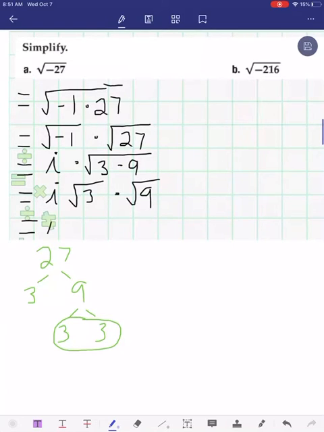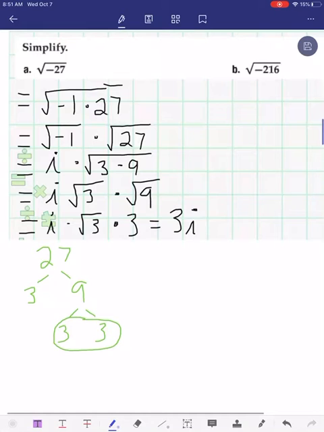So we're going to go ahead and have i times 3 times the square root of 3. And then we're just going to have one last step just to rewrite it. In general, if we have any numbers, we want those numbers to come first, then our i, and then the square root. So that would be our final answer.